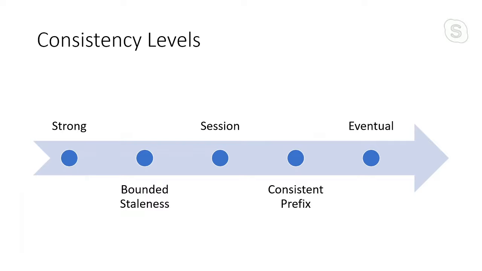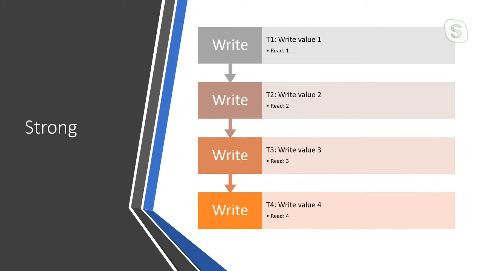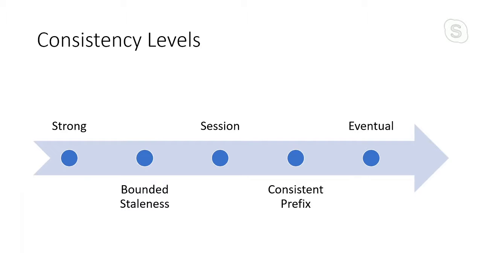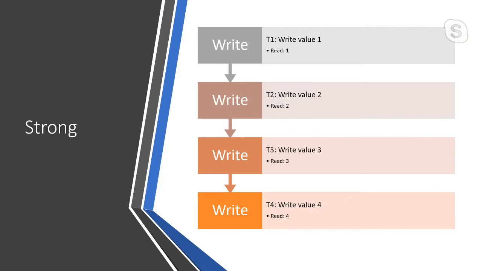Strong is something that you'll be familiar with. Strong consistency means when you write the data at a particular time interval and do an immediate read, you read the latest value. As you can see, as this progresses and it updates values, when you do the reads, it's always reading the latest value.